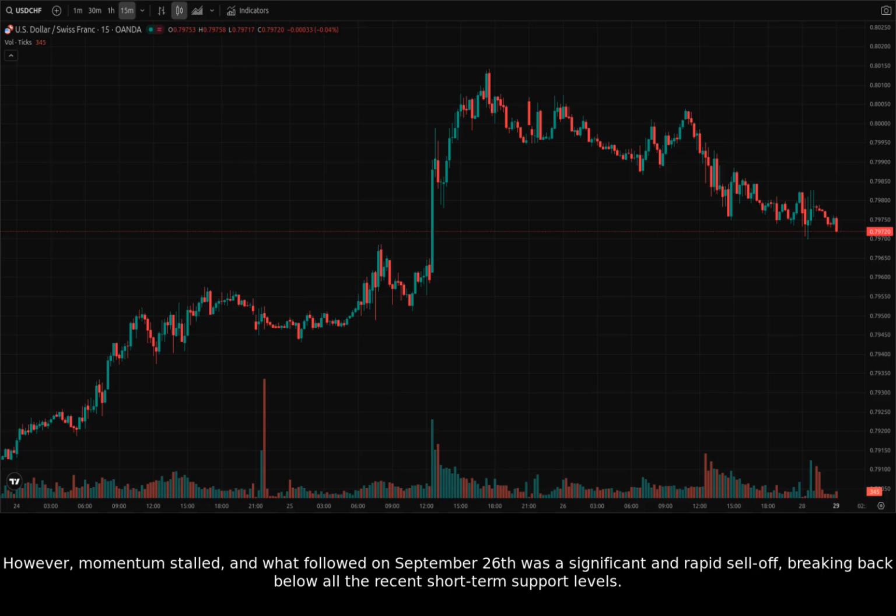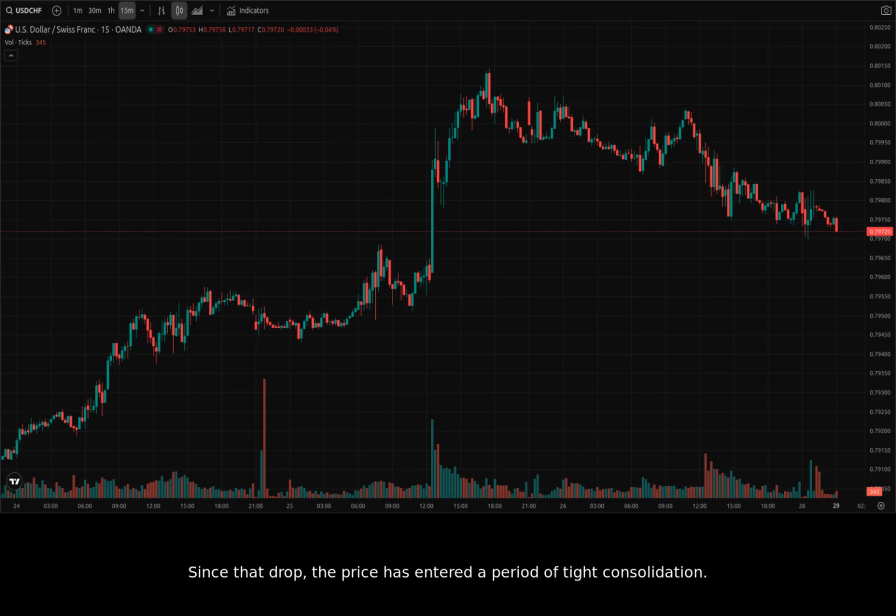However, momentum stalled, and what followed on September 26th was a significant and rapid sell-off, breaking back below all the recent short-term support levels. Since that drop, the price has entered a period of tight consolidation. We can clearly define a short-term range, with support around the 0.7955 area and resistance now near 0.7980. The price action since Friday has been mostly sideways, indicating market indecision after the sharp rejection.